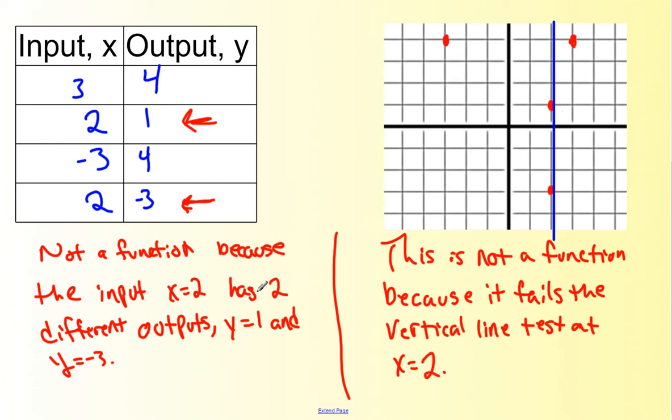And it's not a coincidence, it's the same place that we failed over here because this input had two different outputs. Right here, it failed at that same input, that same x equals 2. That's not a coincidence. That shows that at that point, that's what makes this relation not a function.